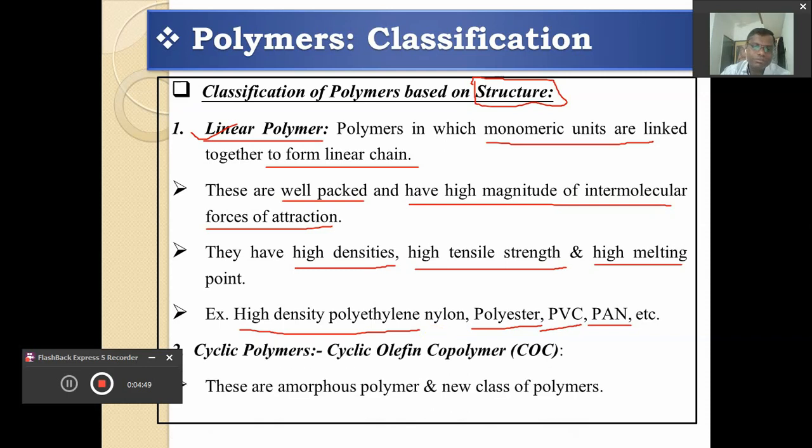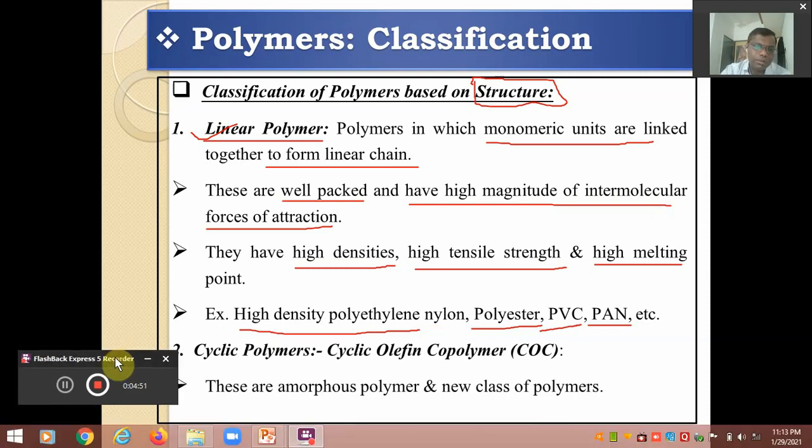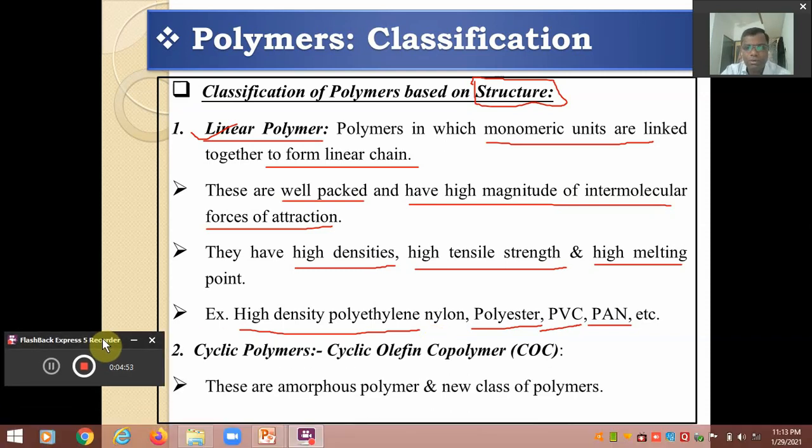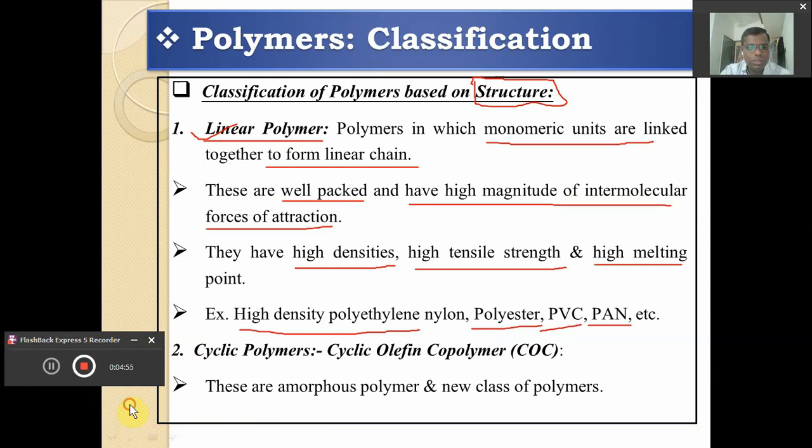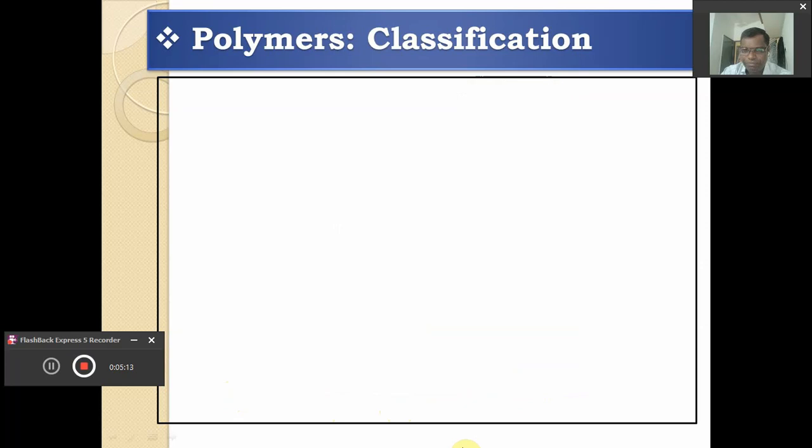If you look at another type of polymer based upon structure, this type is simply called cyclic polymer, or sometimes cyclic olefin copolymer, in short COC. Dear friends, this type of polymer is amorphous in nature, and generally it is considered a new class of polymer.